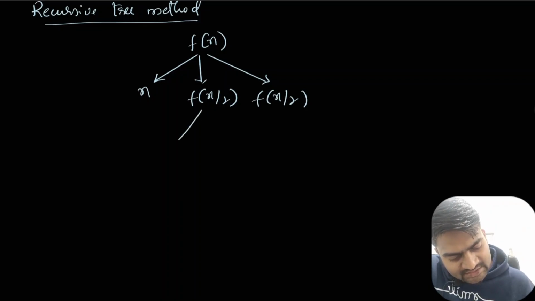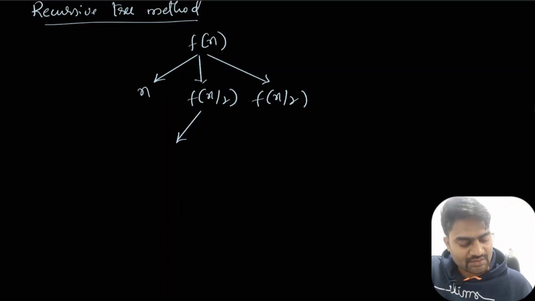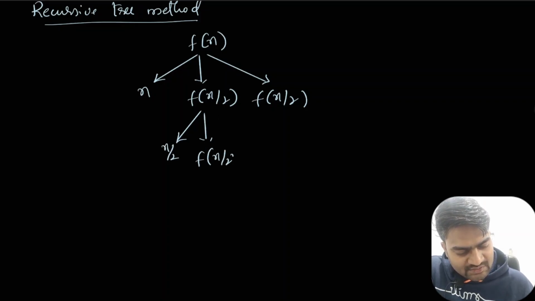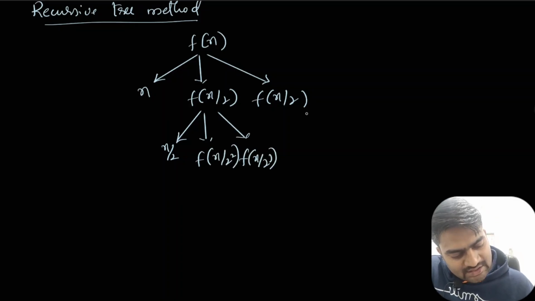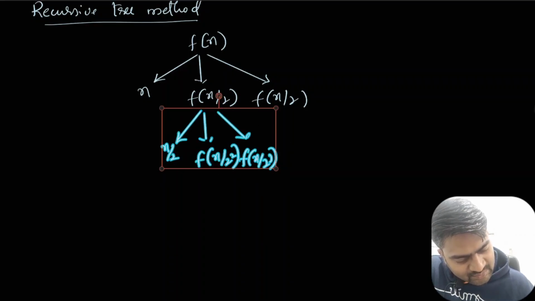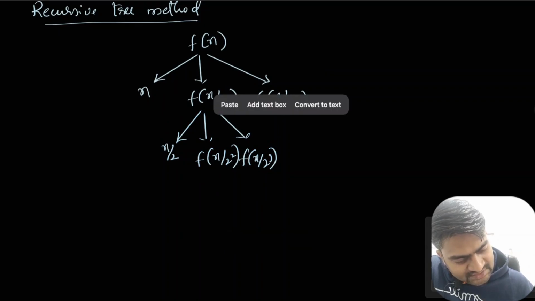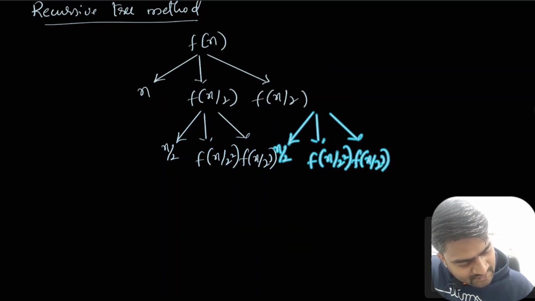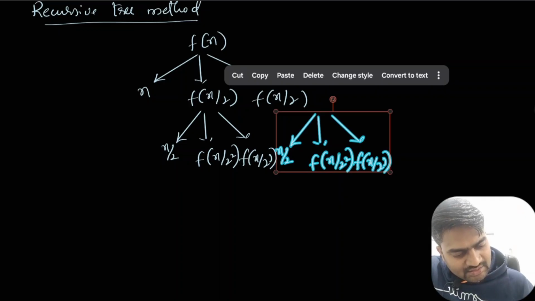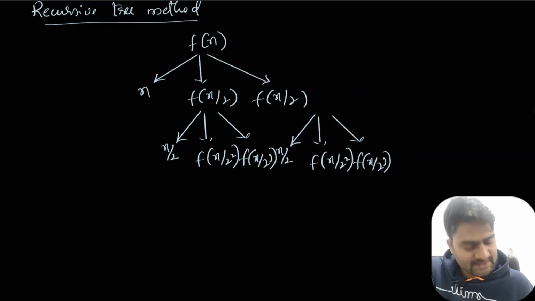Again, this f of n by 2, it will do n by 2 amount of work, then it will call f of n by 2 square, then f of n by 2 square, correct, right? And the same thing repeats for this f of n by 2 also, correct, right?